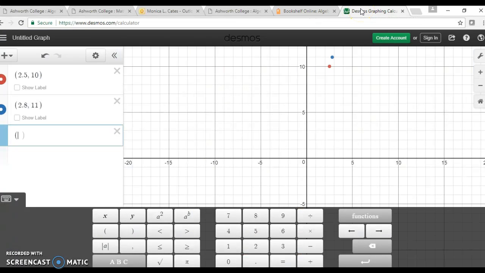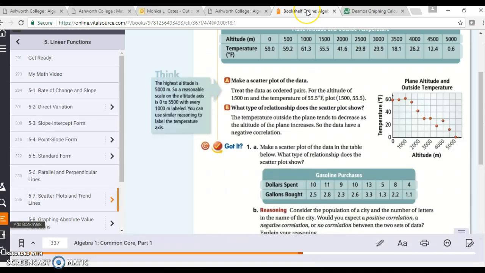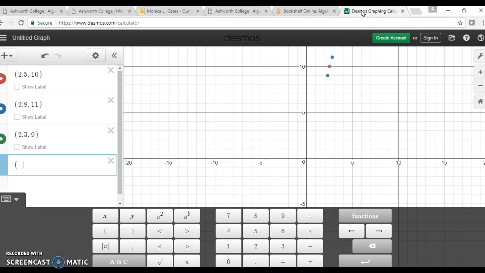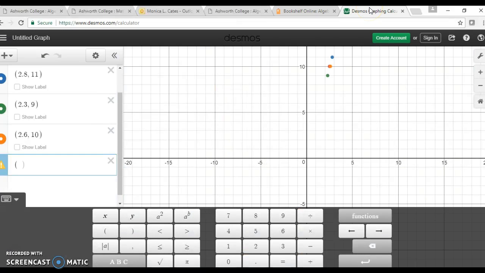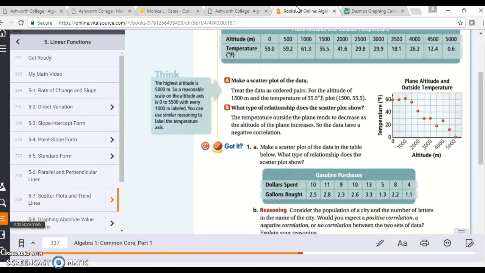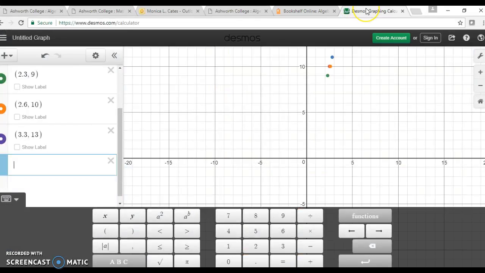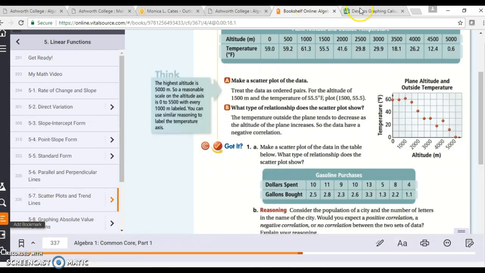Then 2.3 and 9. 2.6 and 10. 3.3 and 13. 1.3 and 5. 2.2 and 8.